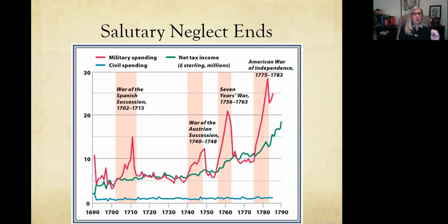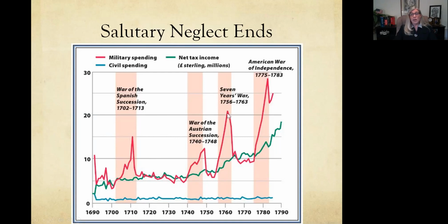When that comes to an end is at the end of the French and Indian War because of the incredible debt that they are in. Look at this map. So what I find every year is that kids often have a hard time reading graphs and charts. In red, we have how much money the British were spending on war, okay? So if we come over here, there are some spikes in the spending in the war.